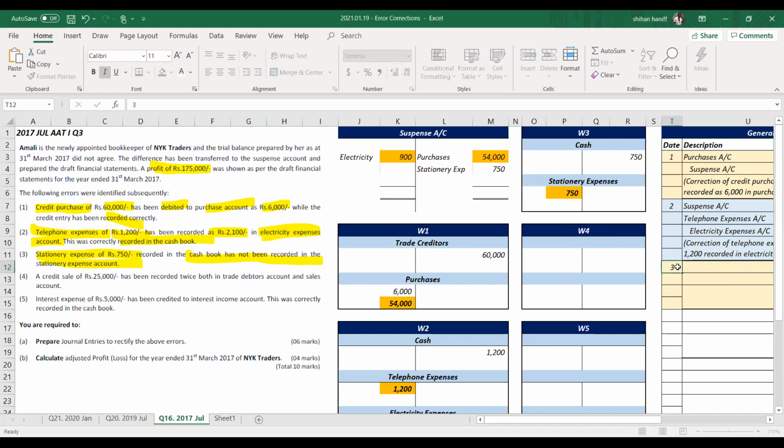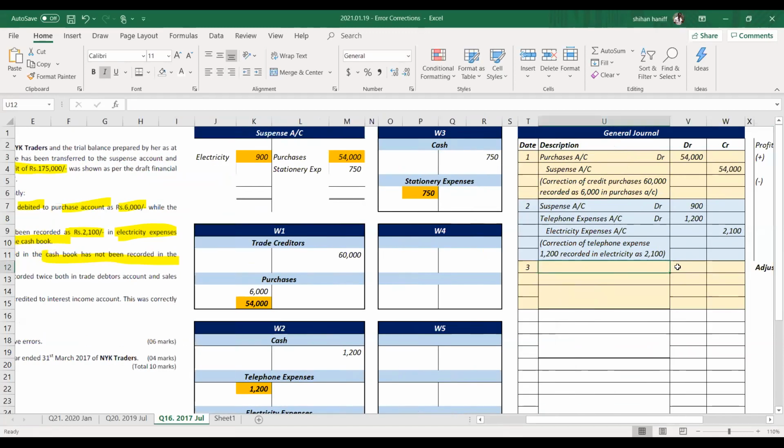Number 3, stationery expense account debit 750, suspense account credit 750.